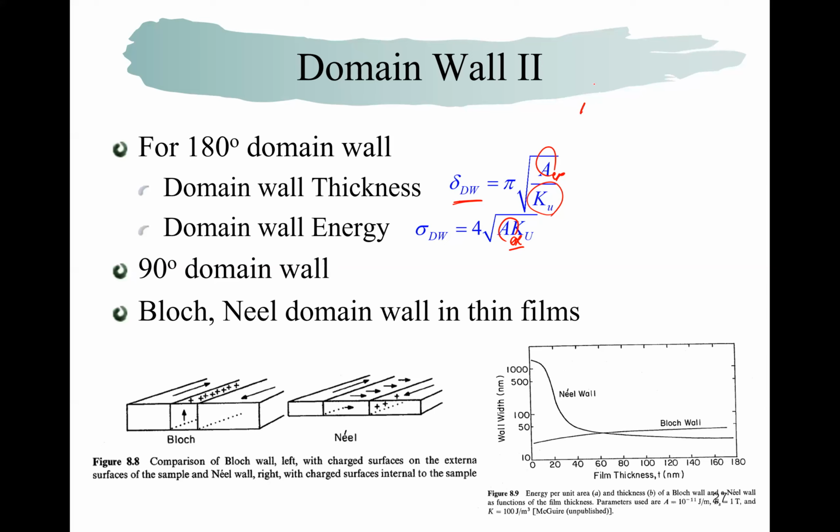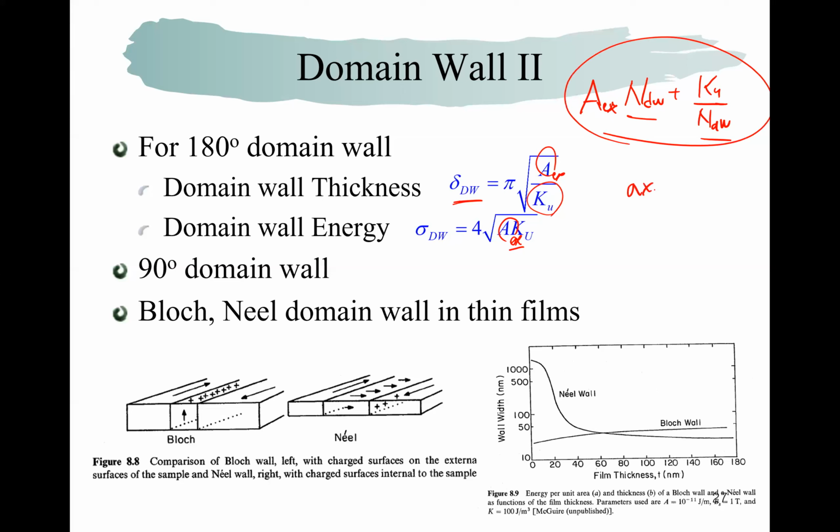Actually, the number of spins involved in the domain wall, the total energy is roughly something like this. The minimum of the number of spins involved in the domain wall is obtained by minimizing this one.